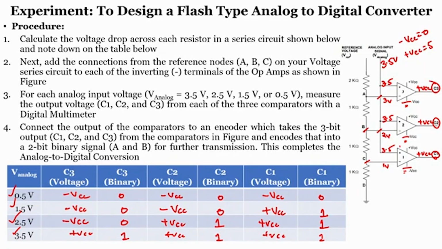So if I write a table C3, C2, C1, for an input voltage of 0.5 volts, I got 0, 0, 0, right, and for 1.5 volts I got 1, 0, 0, whereas for 2.5 volts 1, 1, 0, whereas for 3.5 volts 1, 1, 1.